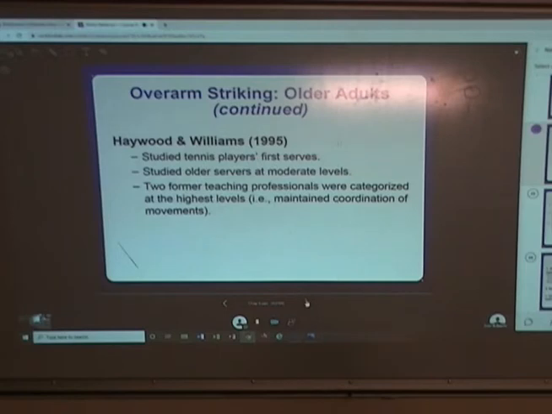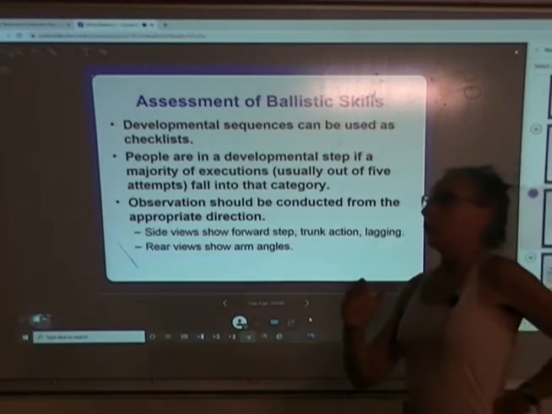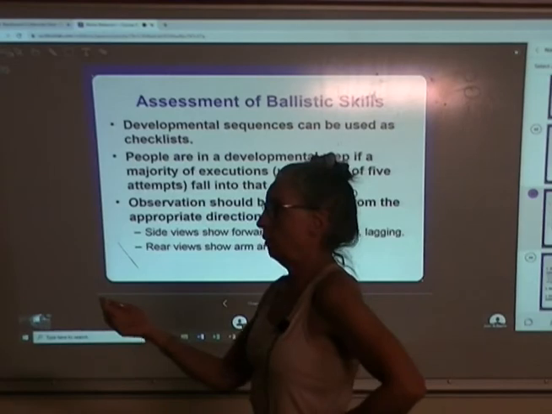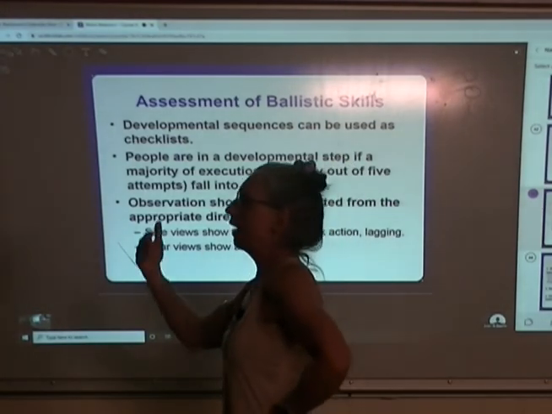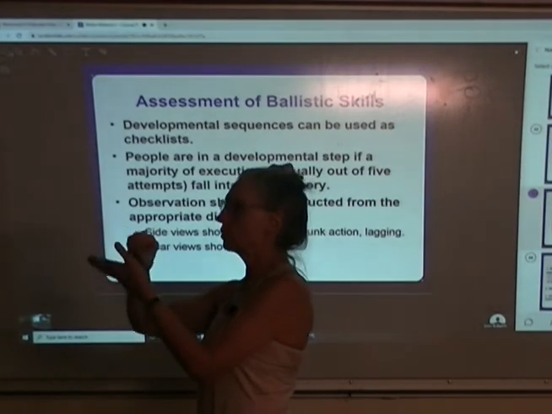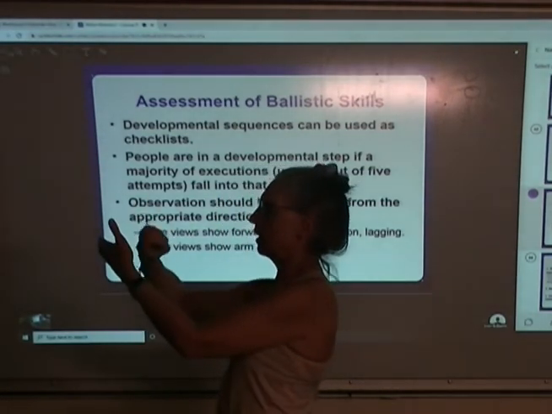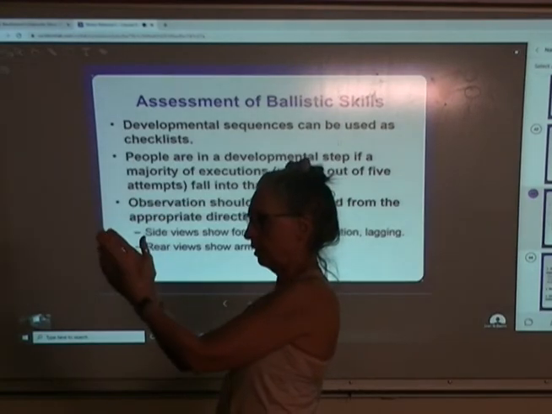All right, so overall picture then when we're looking at this chapter, all right? If we have developmental sequences, or we can create our own developmental sequences, we can use those as a checklist. So I can assess, I can work out where this person is.